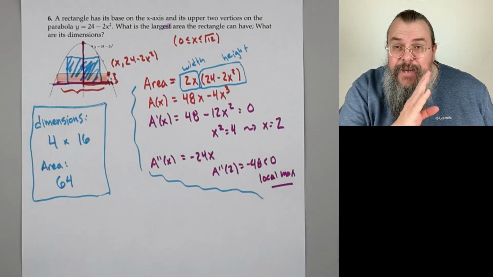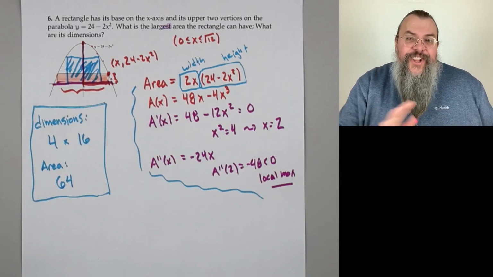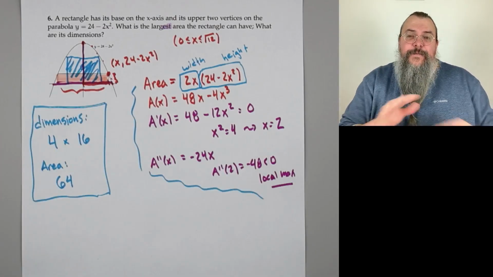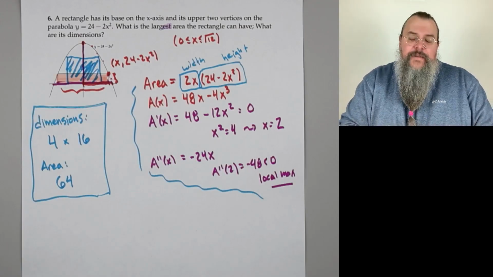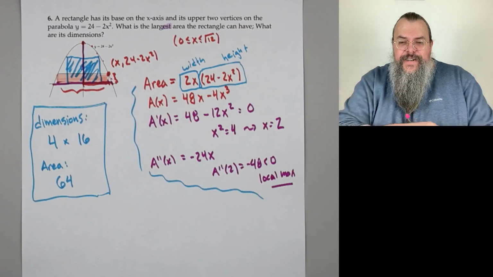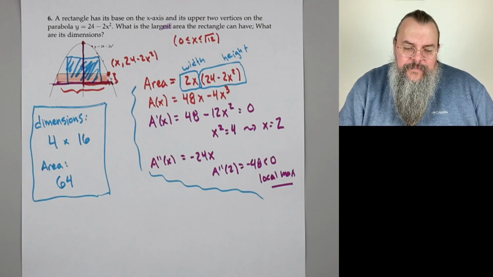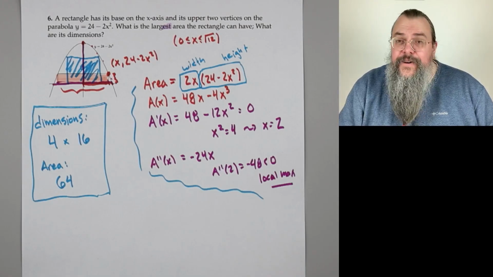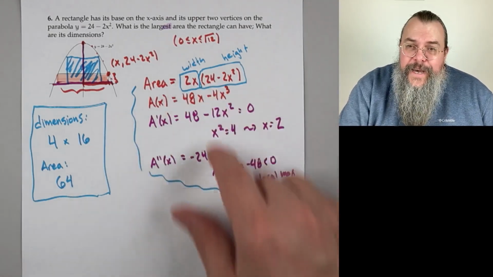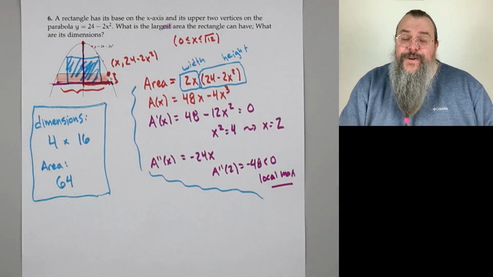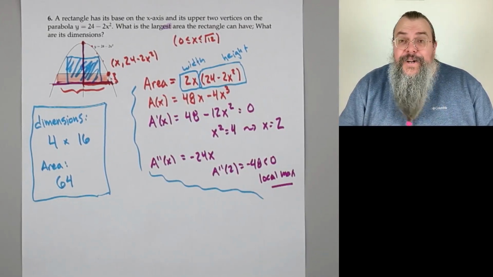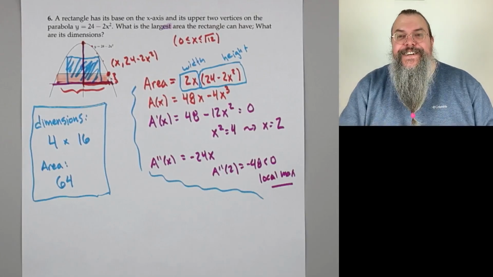And the picture's not to scale. Don't tell anybody I said that. It's very misleading sometimes. Sometimes you're like, this picture is wrong. It's not to scale. But that's all right. We don't need it to be. We have the math, and so we're good. We're better than good. We're great.